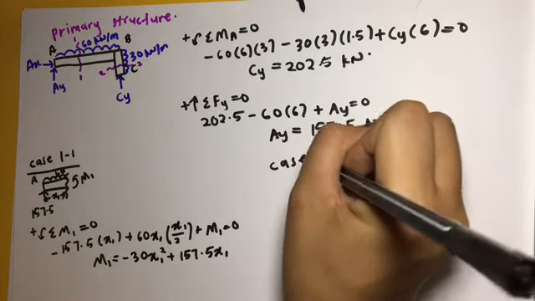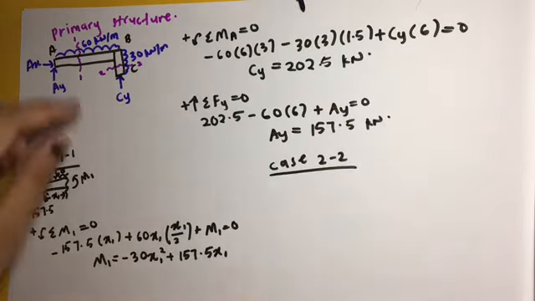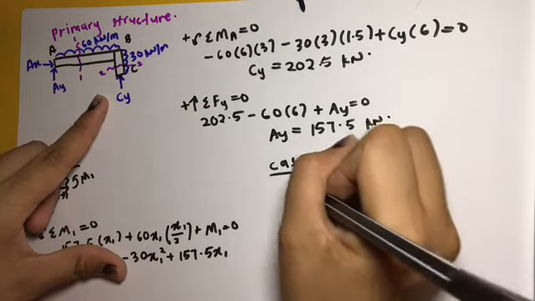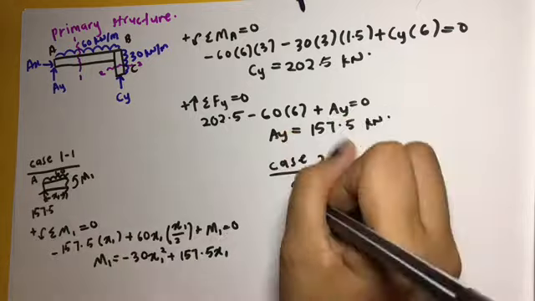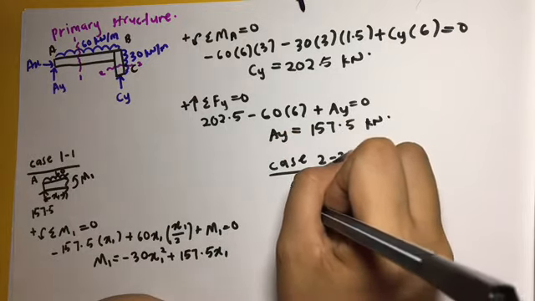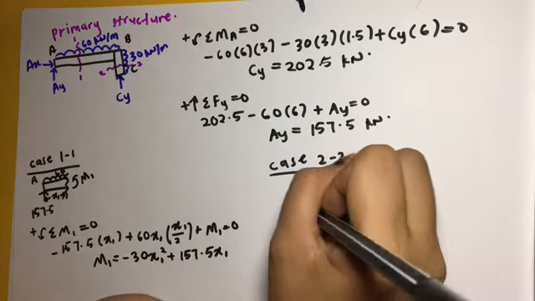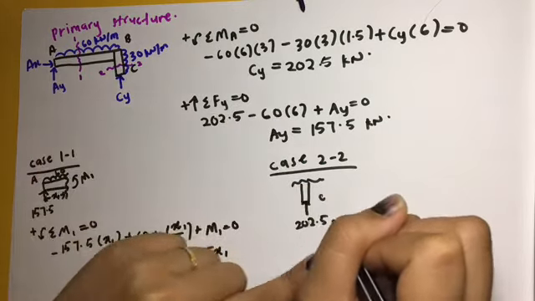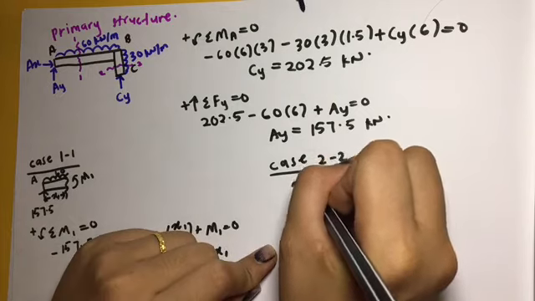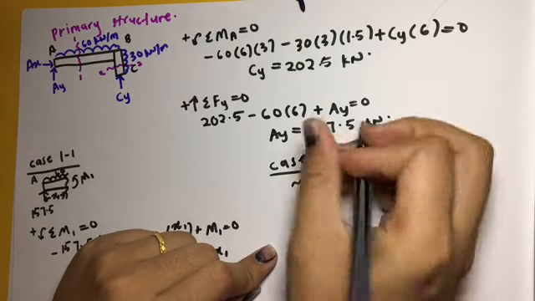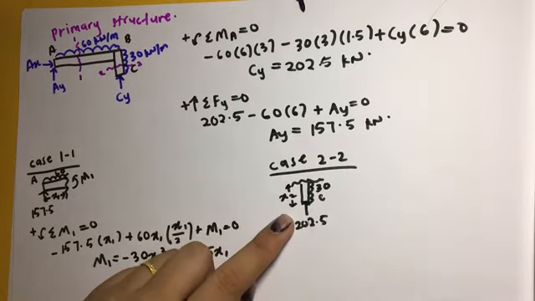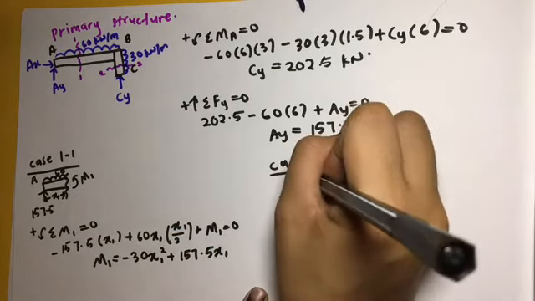Okay, so next we're gonna solve for the case 2, 2. So this area. So let's just draw the free body diagram of that. We have C here, and we get a CY, which is 202.5 kilonewton, and then we get a distributed load here 30, and then we get a x2 distance, and then we get a moment.